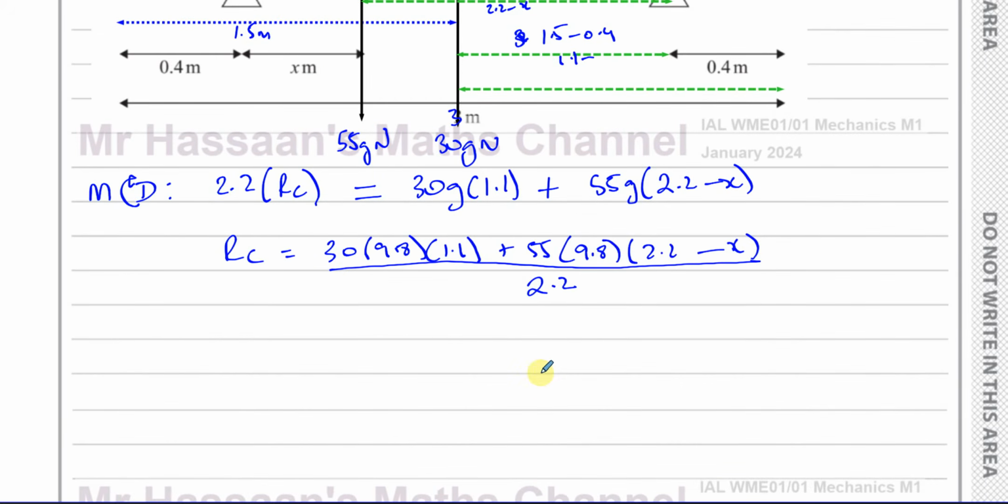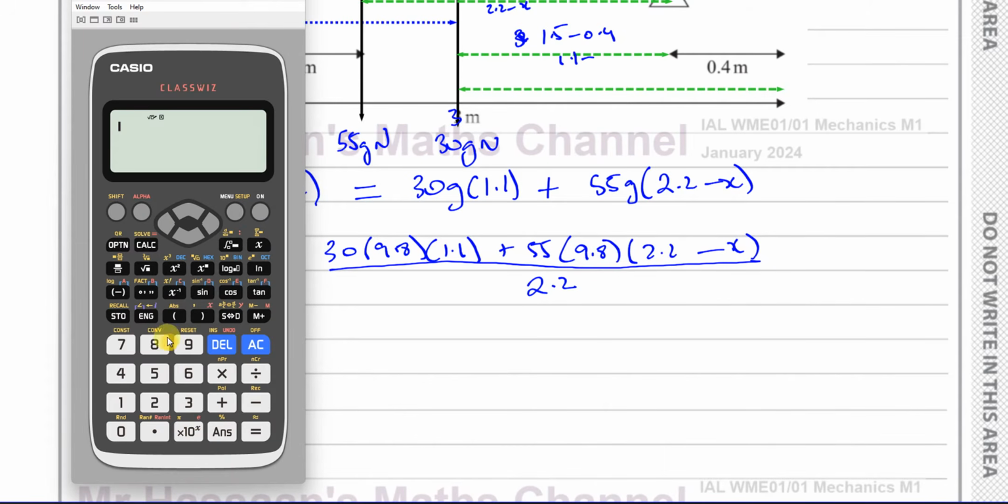So let's see what we get. We have RC equals, let's take the calculator. So we have 30 times 9.8 times 1.1. Make sure we type everything in properly. That gives us, in decimals, 323.4.